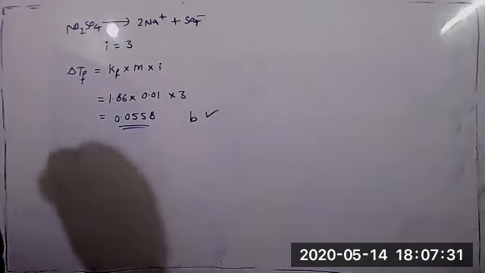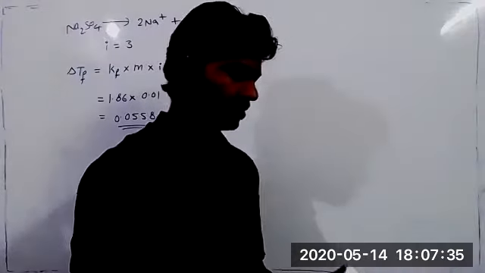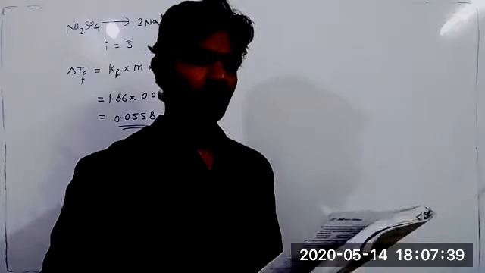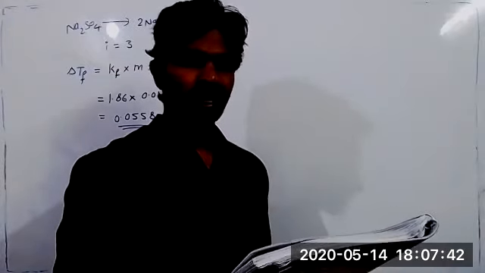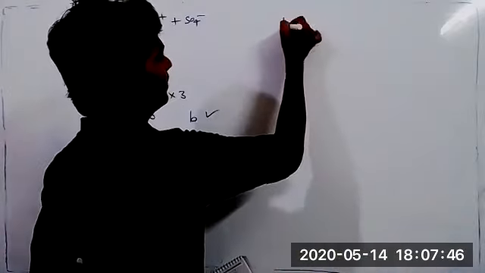Next, question number 42. It is a direct question. It is a Raoult's law based question. On mixing heptane and octane, they form an ideal solution.